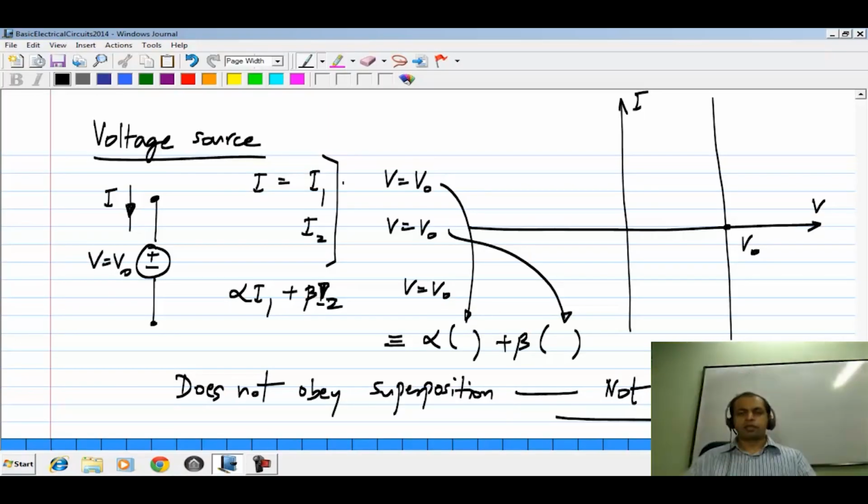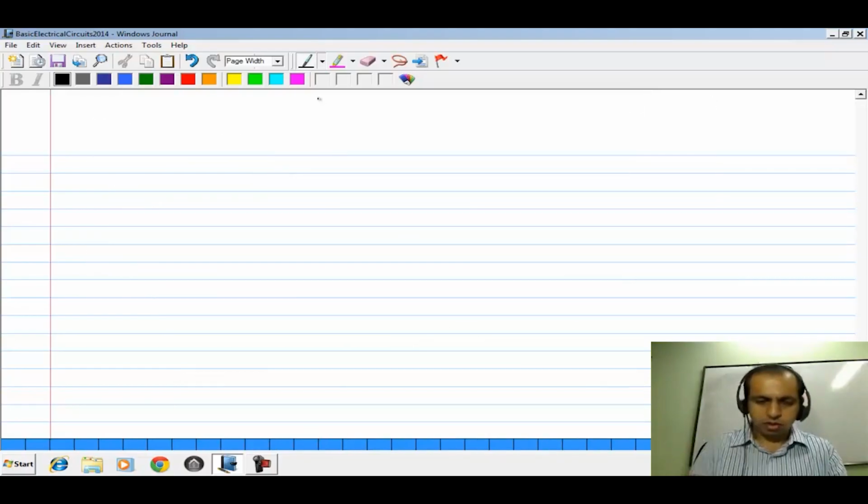Okay. So don't be confused by the straight line in the characteristics. It's not linear because it does not obey superposition. And obviously the exact same thing holds for a current source.